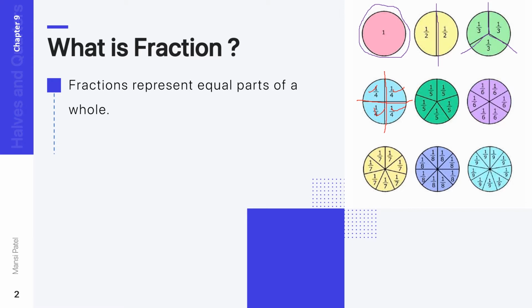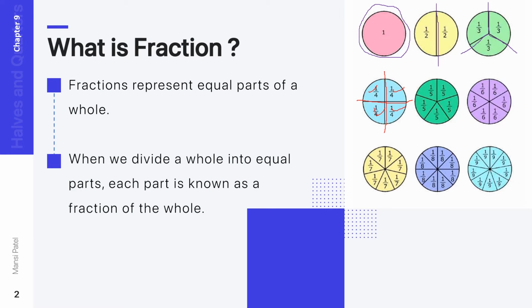So one condition for a fraction is that you have to make equal parts of the thing. It is not necessary that there are only two equal parts; there can be three equal parts, four equal parts. There are infinite numbers of equal parts. When we divide a whole into equal parts, then each part is known as a fraction.